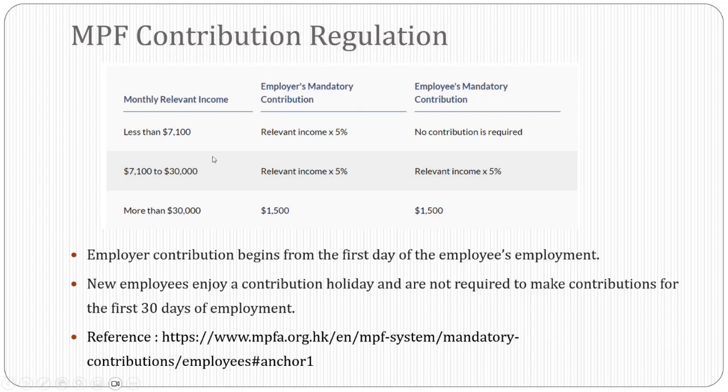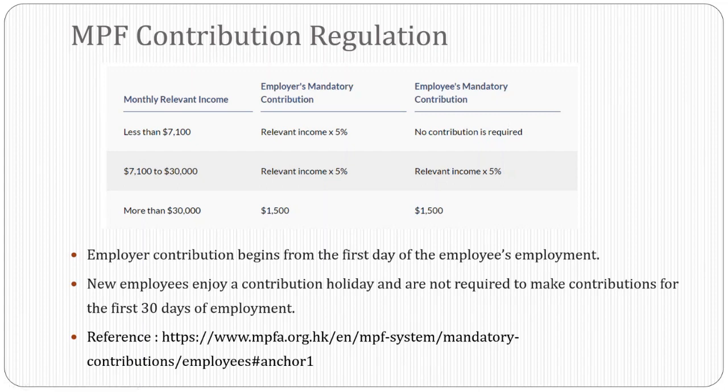Here, we just need to take note of the minimum wage and the maximum cap. The minimum wage is 7,100. If the employee pay is less than 7,100, only the employer needs to contribute 5%. Let's say the employee basic pay is 5,000, then only the employer needs to contribute 5% for that, and for the employee, there is no contribution required.